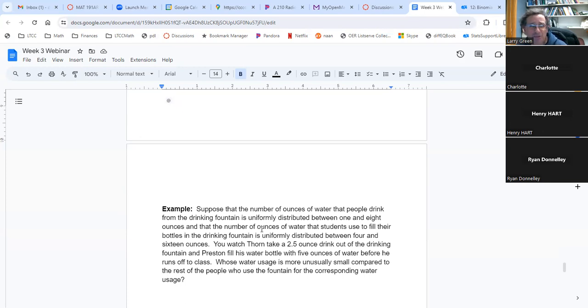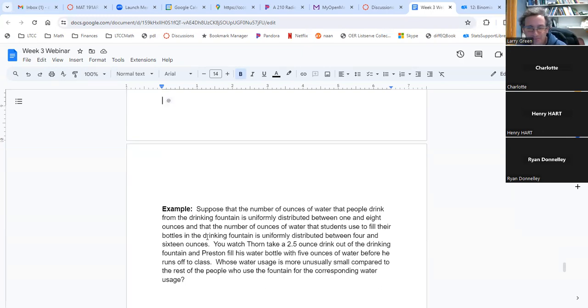And the number of ounces of water that students use to fill their bottles. There's a big difference between going to a drinking fountain and drinking versus filling the water bottle, which I have here, because I'm not gonna drink this whole bottle. I'm gonna drink a little of it, put it away, and that's enough for me for now.